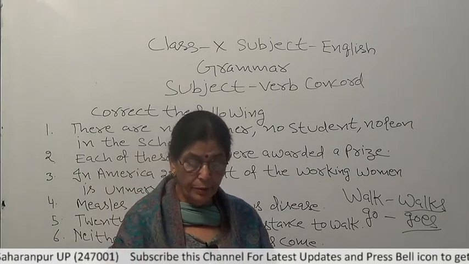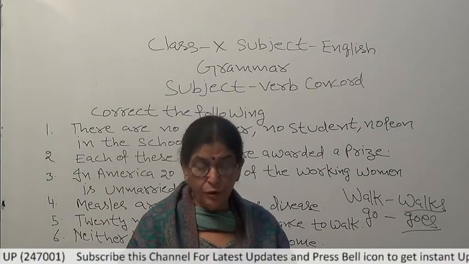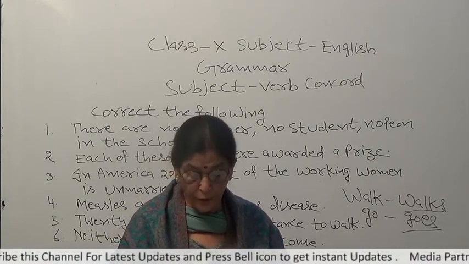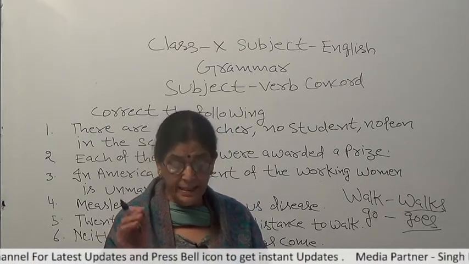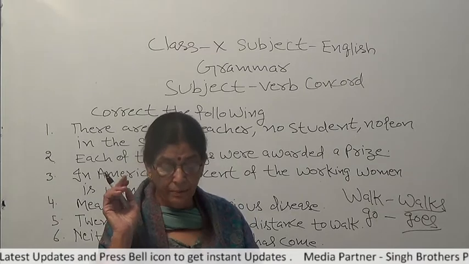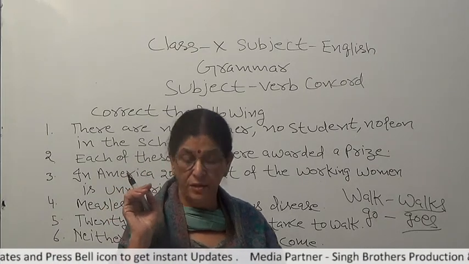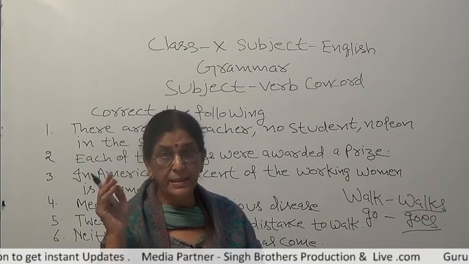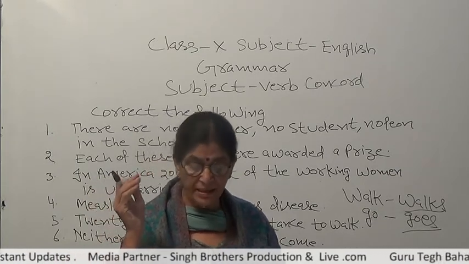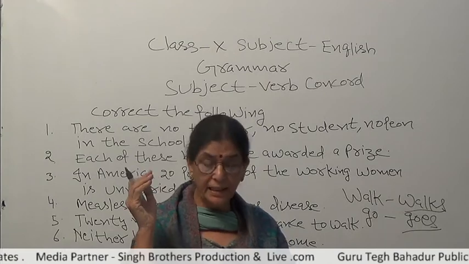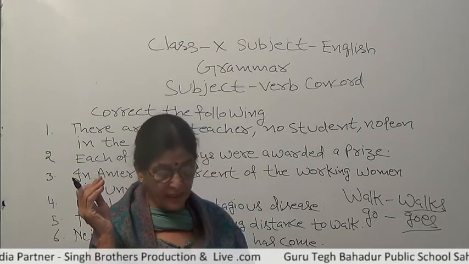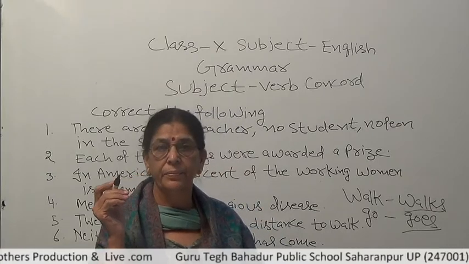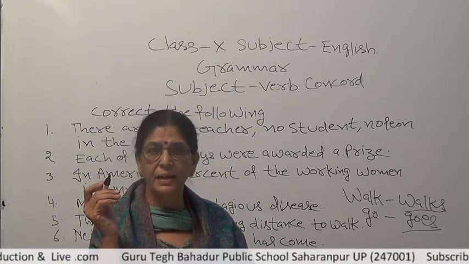Number 2, the words that look plural, seemingly they look plural, they end in s, but they are in fact singular nouns. You can give the example of subjects, diseases, sports. For subjects, you can give the example economics, statistics, physics.